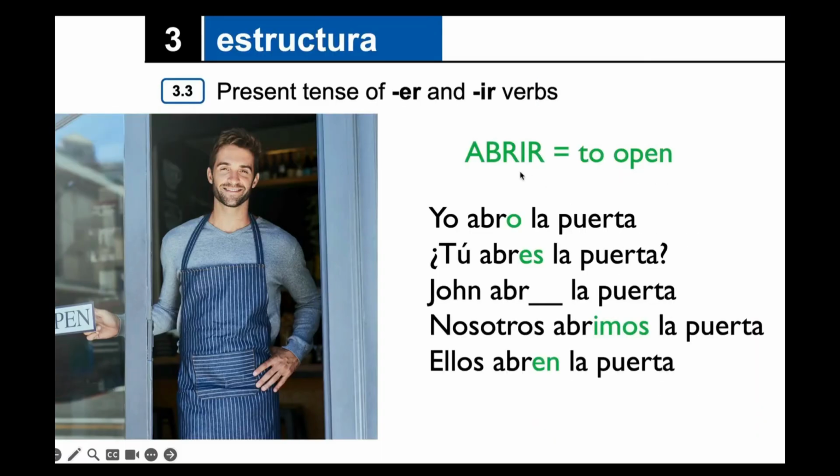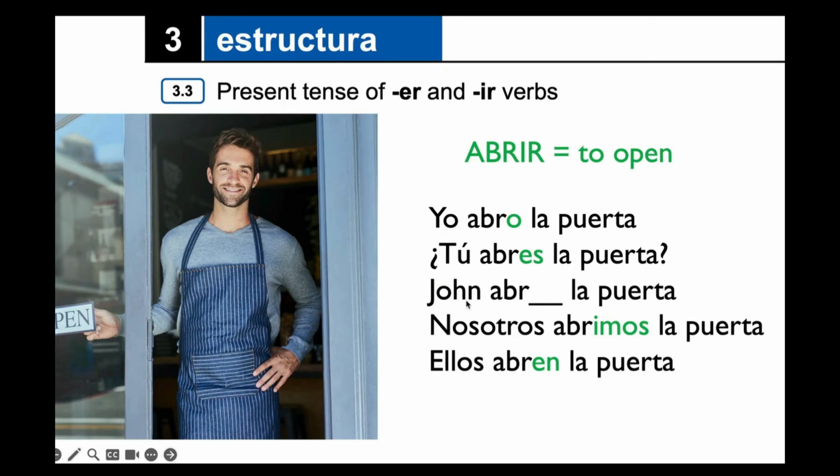We have abrir. Abrir means to open. If I conjugate it for yo, like I said, the ending for yo is o. Yo abro la puerta. I open the door. For tú, the ending is es. Tú abres la puerta. Do you open the door? Do you guys remember what it is for él, ella, usted?